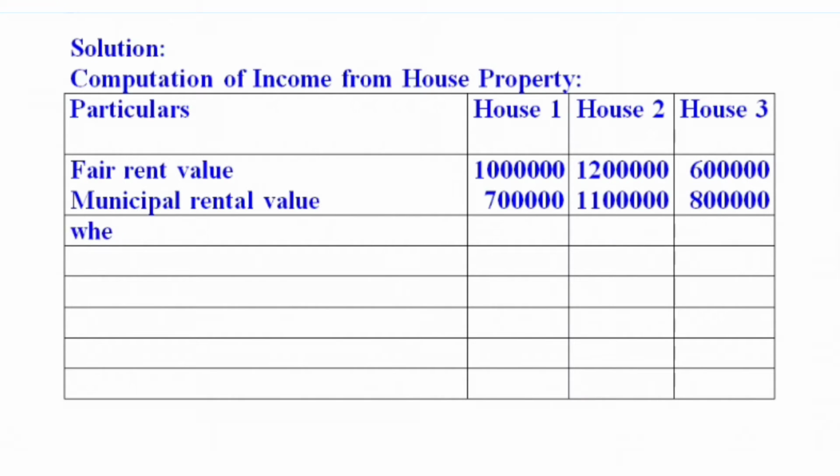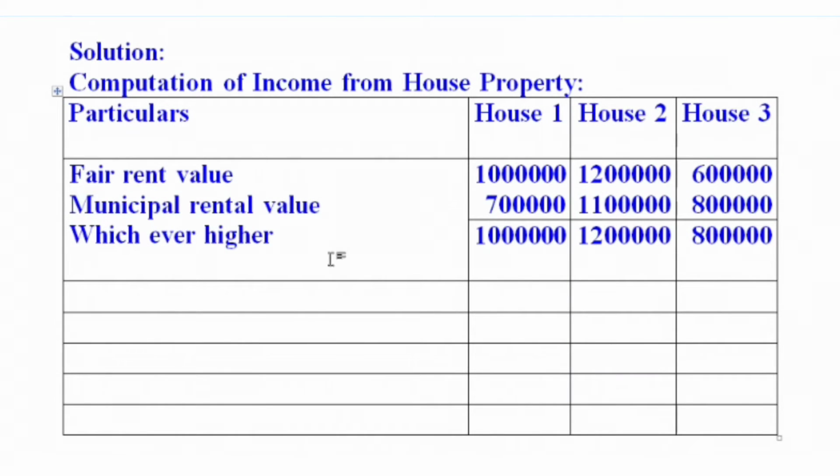So as per the above values, for house 1 the higher value is 10 lakhs, for house 2 the higher is 12 lakhs and for house 3 it is 8 lakhs. So on comparing FRV and MRV, the higher value will be taken, that is 10 lakhs, 12 lakhs and 8 lakhs.